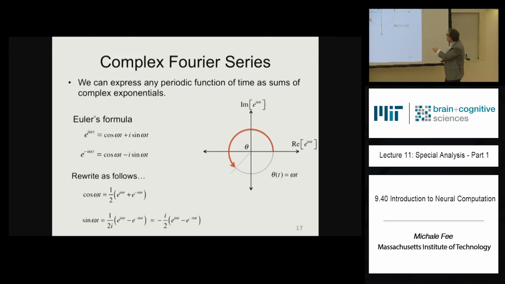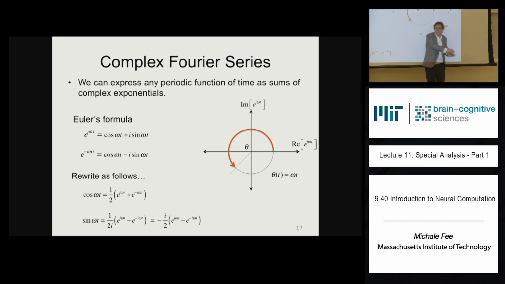So if I have one function that's going around like this, another function that's going around like this, if I add them, then the imaginary part cancels, right? The sine cancels. This plus this is cosine plus cosine, I sine minus I sine. So the sine cancels. And what I'm left with is a cosine. So I represent a cosine as a sum of a function that has a positive frequency and a negative frequency.